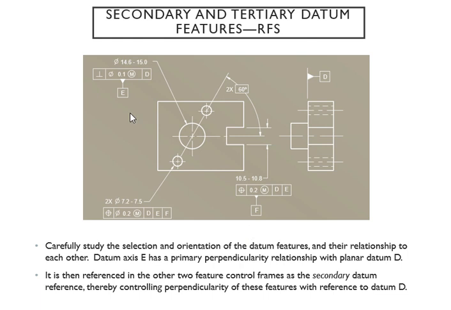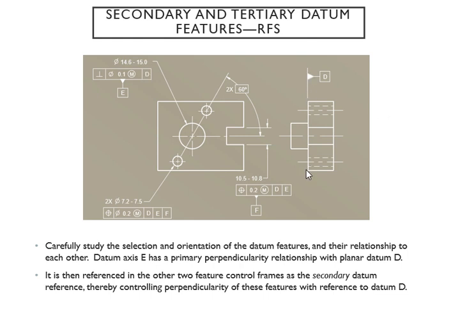this time, because of this little symbol right there. So your D is going to control this perpendicularity in your part. Perpendicularity cannot happen if you don't have two surfaces. And of course that is controlled by the datum D, which is this one.